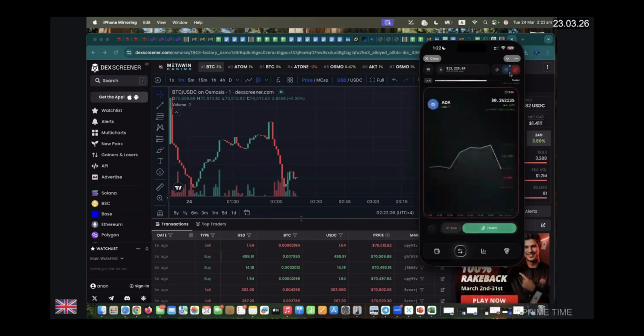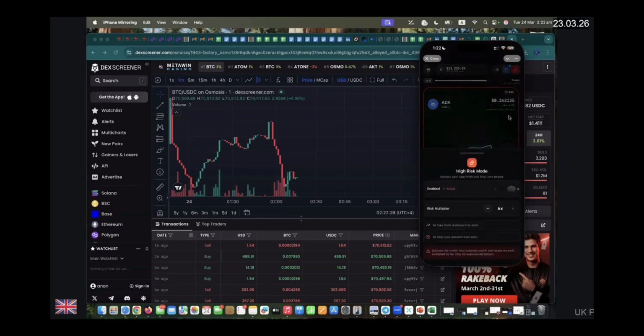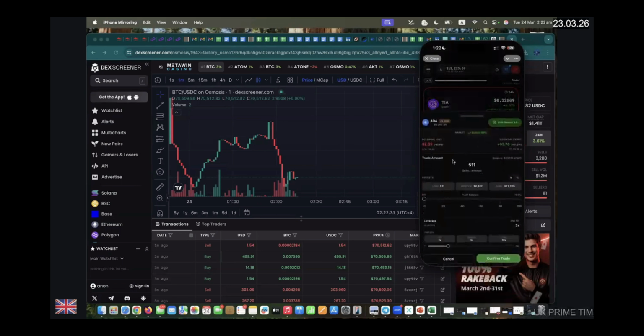Let's do it with Cardano. Our risk mode is 6x and we do a manual trade of, let's say, $132. We are getting the same profit which we were getting at 3x leverage with high risk mode. So this is also a good way.